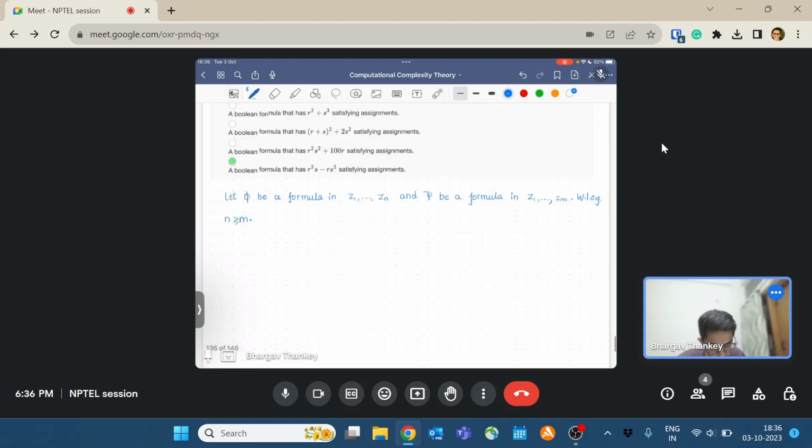Okay, so now what we'll do is define the formula phi plus psi. So it will be a formula in x1.